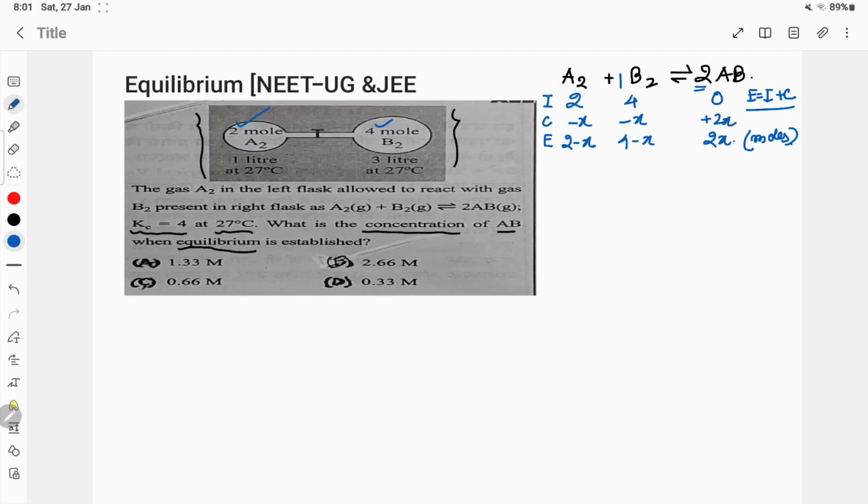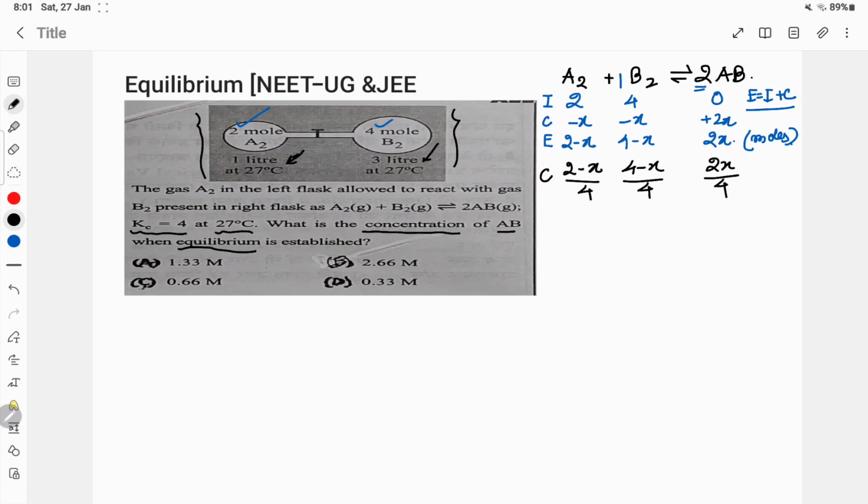To express in terms of concentration, we have to divide the number of moles by volume. So the volume of A we take 1 liter, B we take 3 liter, 3 plus 1 is 4 liter, divided by 4. So this is the concentration at equilibrium.